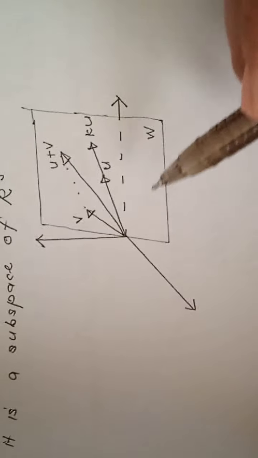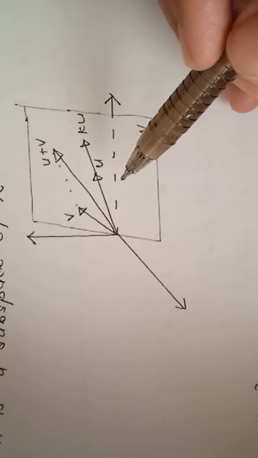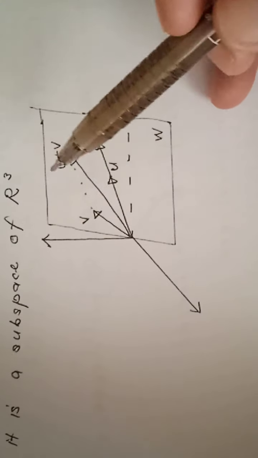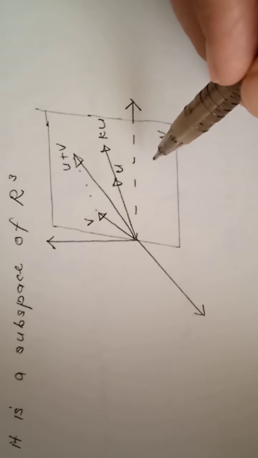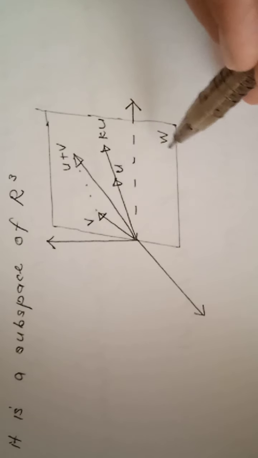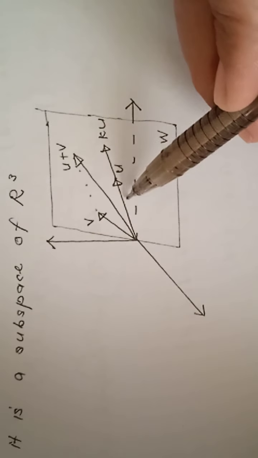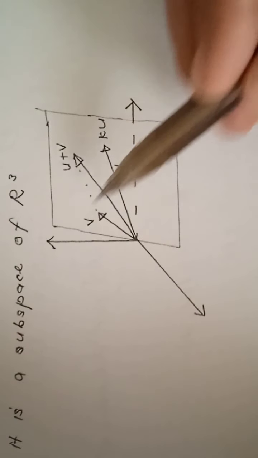Okay, now we have proved that W is a subspace of R3. Let u and v be any vectors in W, where W is a plane in R3.